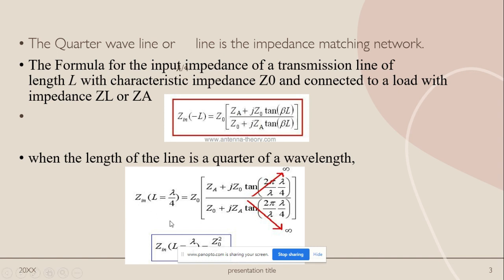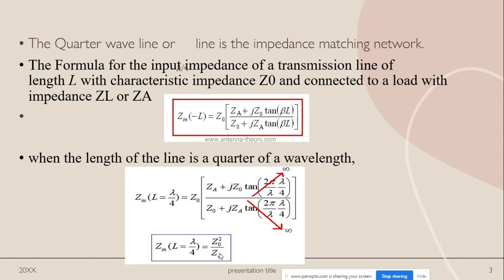So I'll substitute L equal to lambda by 4, and finally I'll get my Zin as Z0 square by Za.